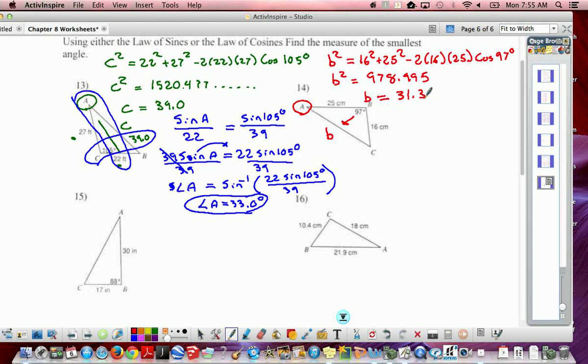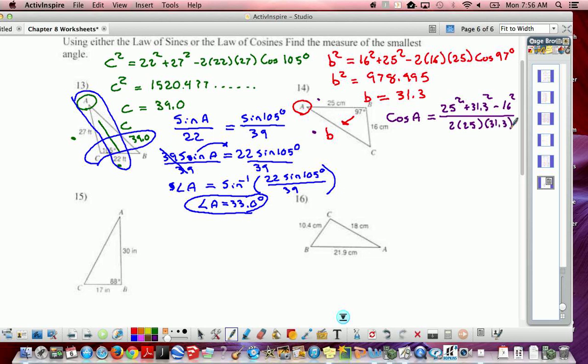Now, the second part, what I want to do is find angle A. I'm going to use the law of cosines here. If I want to find an angle, I'm saying cosine of angle A is equal to the two sides that make up the angle. So it's going to be 25 squared plus 31.3 squared minus the side across from the angle, 16 squared, all over 2 times those two sides.